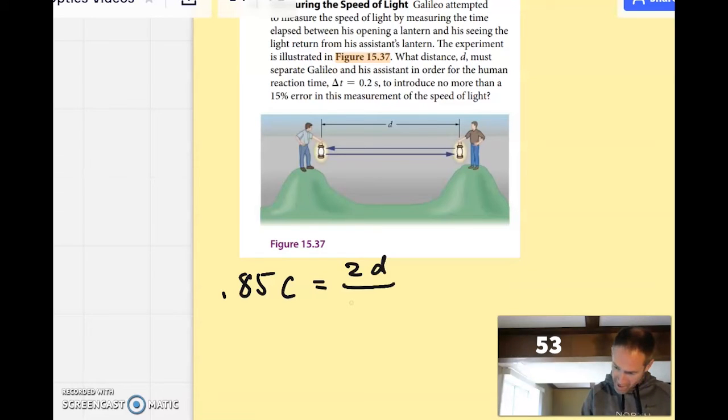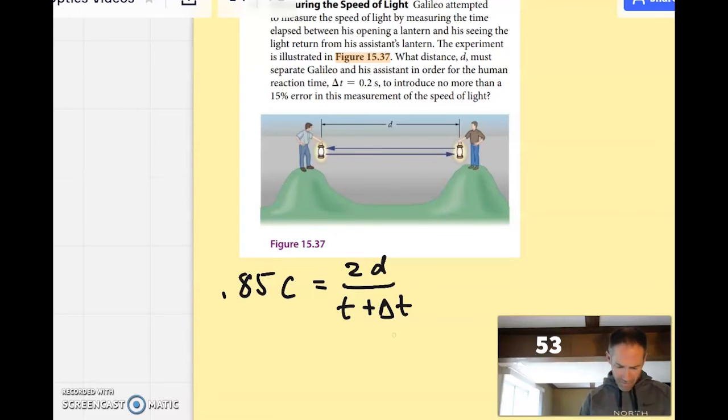And so in the denominator here, I'm going to add a t, that's the time of the light actually traveling, plus, and we're hoping this is not very appreciable, delta t, which is the reaction time, the extra time that was added on to the measurement.